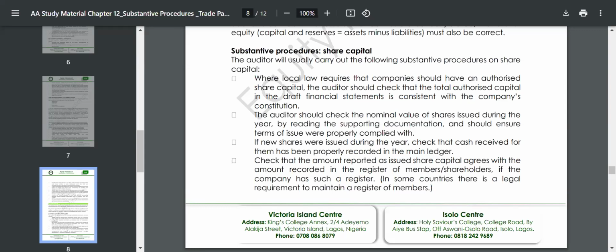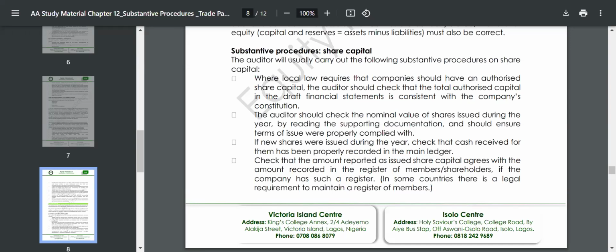He wants to be sure that what the company has in its books is the same thing it has submitted to the regulatory body, so that what they are declaring in their financial statements is not different from their authorized share capital with the local regulator.